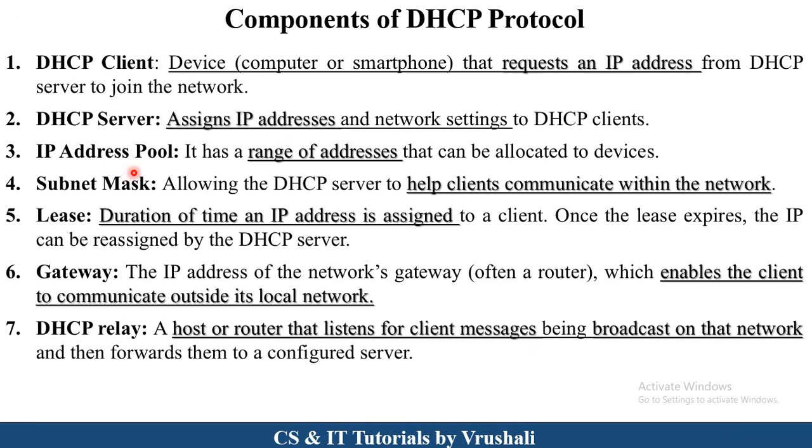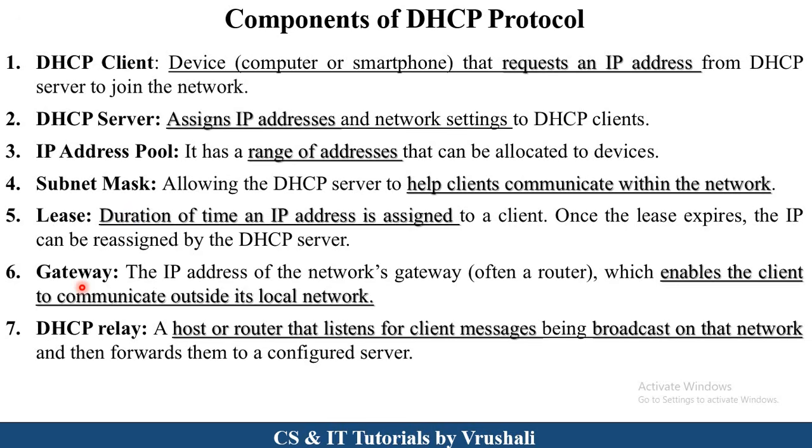Next one is the IP address pool, meaning a range of IP addresses that can be allocated to different devices. Subnet mask helps the client to communicate within the network. Next one is the lease. Lease means duration of time: a particular IP address is provided to a particular PC for a particular time. So this is called the lease duration.